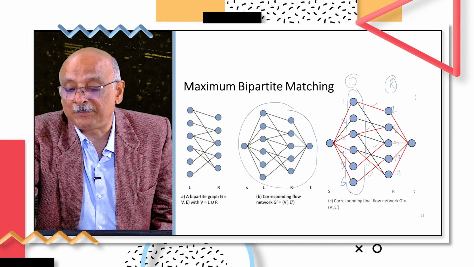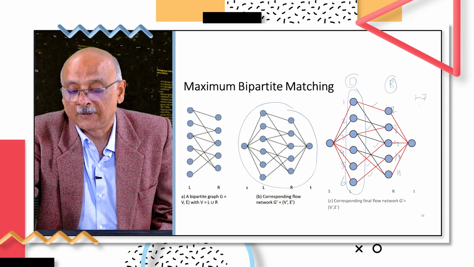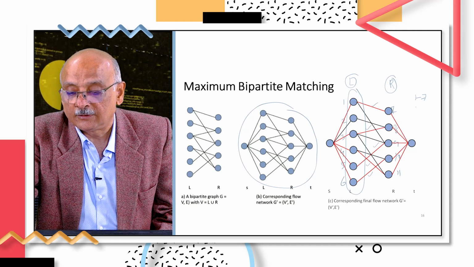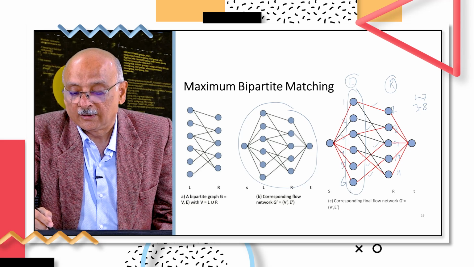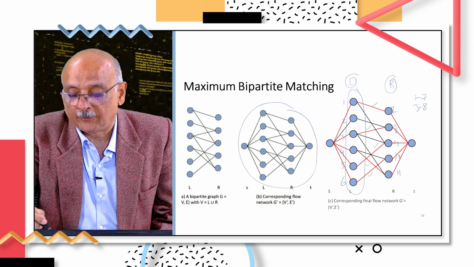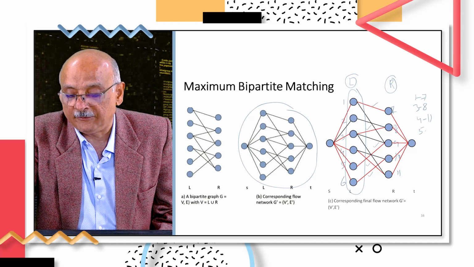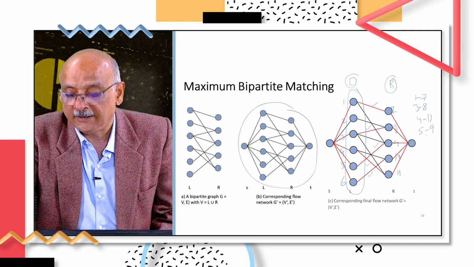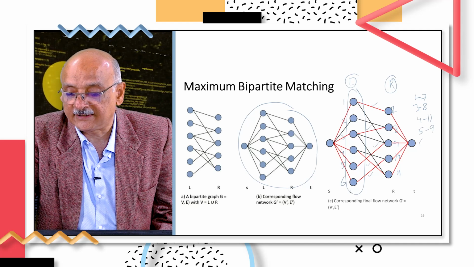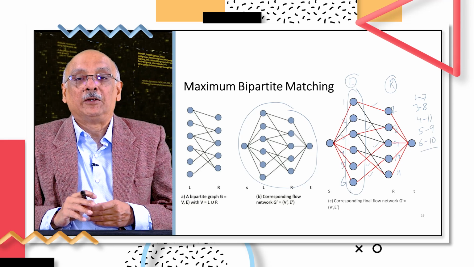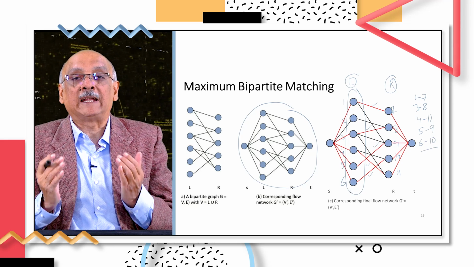Then our mapping is 1 to 7, then we have 3 to 8, then we get 4 to 11, then we have 5 to 9 and we have 6 to 10 as our mapping. So now you can see we could find out the maximal flow.